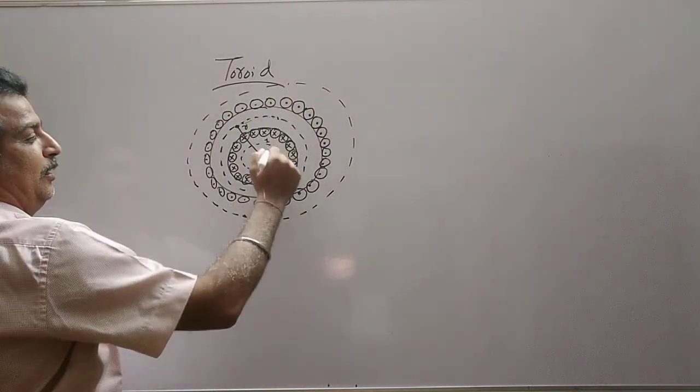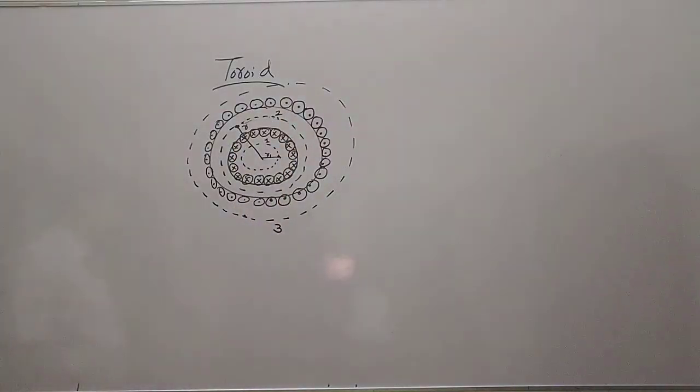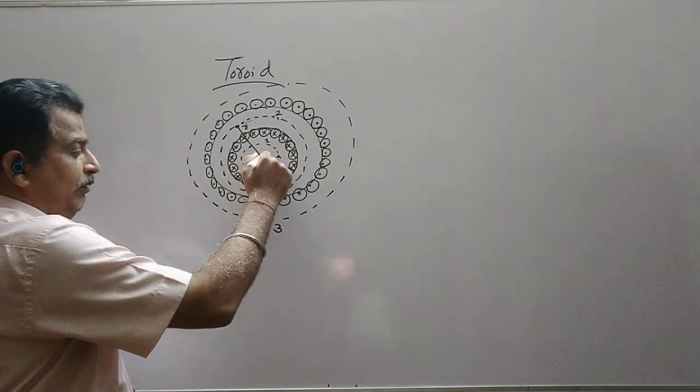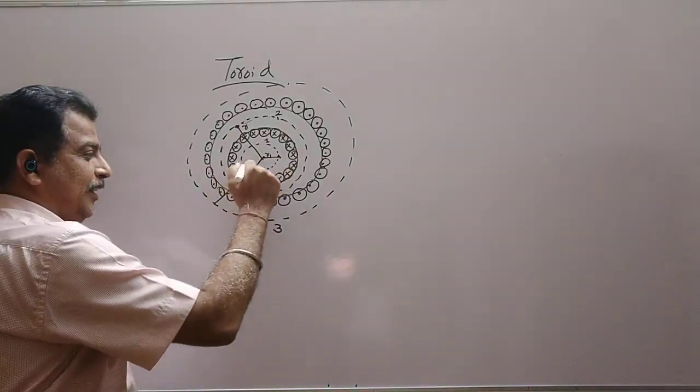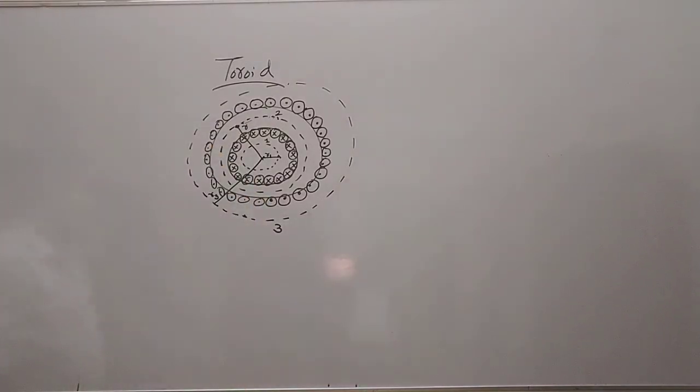See, this is loop 1, this is loop 2 and this is loop 3. Let the radius of this loop be R3. So these are the 3 loops.